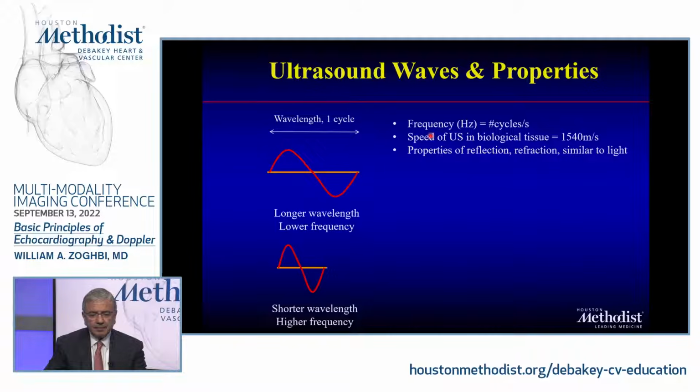And if you take a look at the properties of ultrasound in biological tissues, the speed is quite fast, actually, 1,500 or so meters per second. And you need to know, obviously, in air, this doesn't travel well, so you have to have a biological tissue or fluid for it to go fast. Properties of reflection and refraction are similar to light, and we'll go through some of them here.